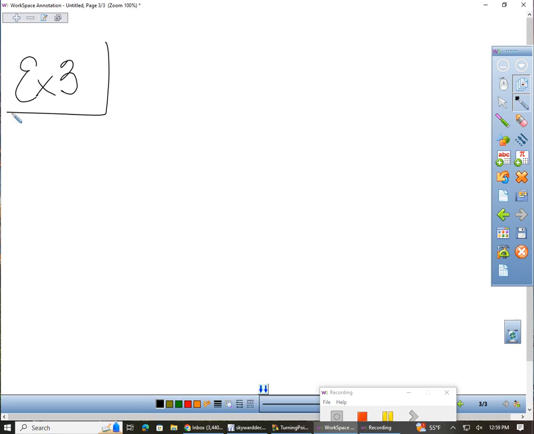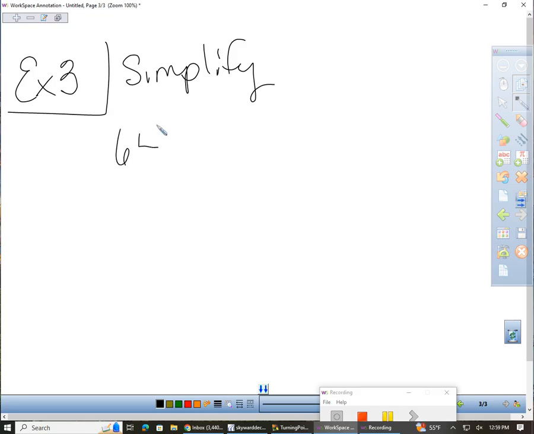Example number 3, in the next section, it simply asks you to simplify. And maybe they give you something as wonderful as 64 to the 2/3 times 64 to the 2/3. Okay, what can we do with this?